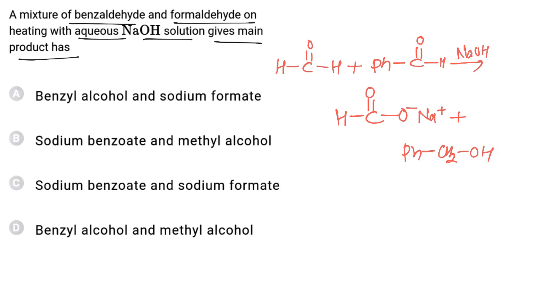The reactant which is less crowded and more reactive is converted to acid, and the less reactive reactant is converted to alcohol. So from formaldehyde formic acid is formed, and from benzaldehyde benzyl alcohol is formed. So benzyl alcohol and sodium formate, and hence option A is correct.